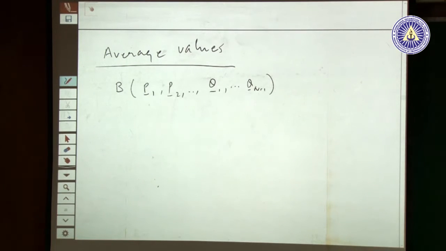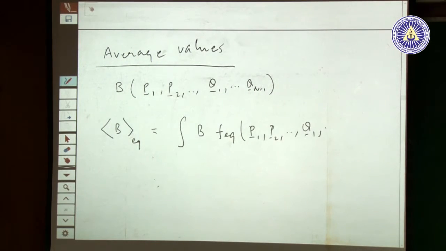We define B, and this is an equilibrium average, as the integral of B times F equilibrium of P1, P2 and so on, dP1, dP2, dQ. Okay. That is the general definition of an average.